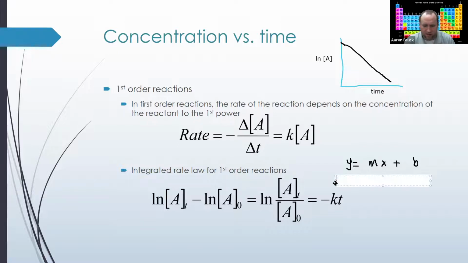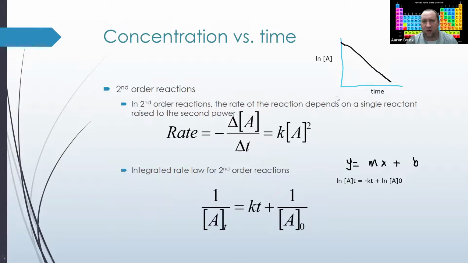If you do it this way, natural log of A at time t is equal to negative kt plus natural log of A at time 0, we see that we fall into the same slope-intercept form that we had in the previous one. And so that's what happens if it is first order.